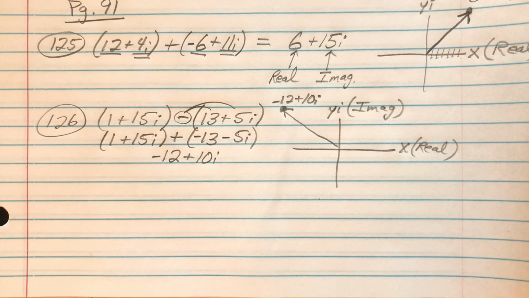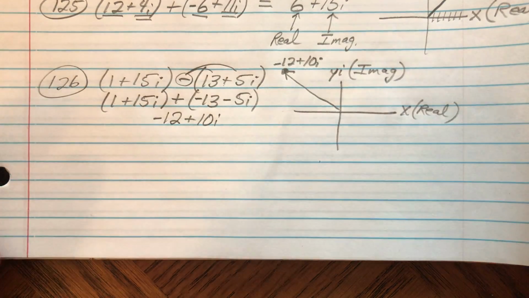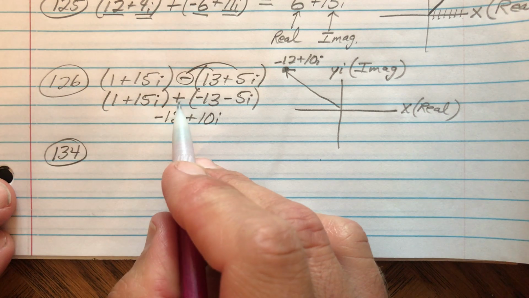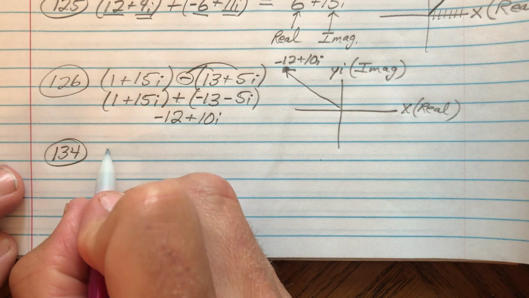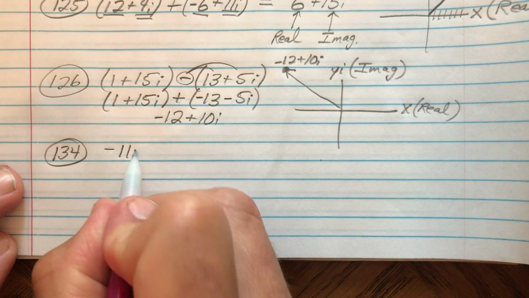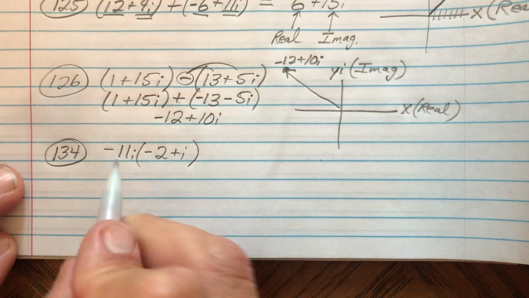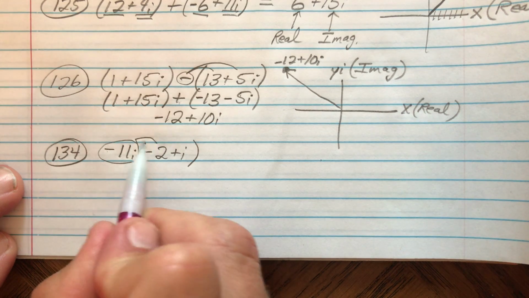What about, let's try 134. Let's get into some multiplication. 134. So the only ones you graph are the addition ones. 134 says we have negative 11i times negative 2 plus i. And again, no different than algebra, we're going to distribute.